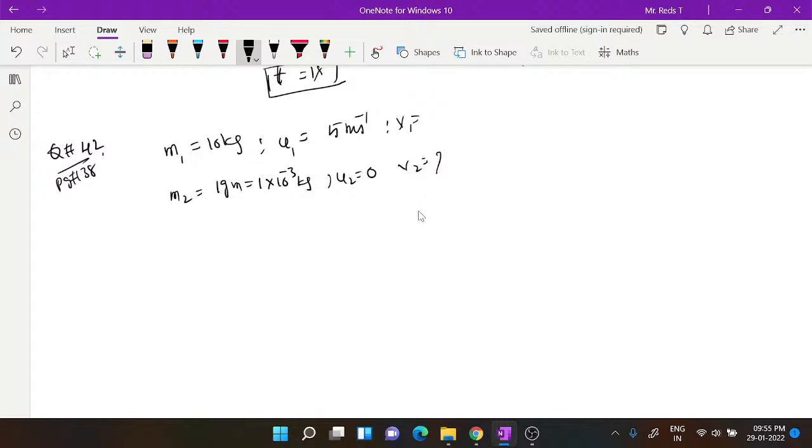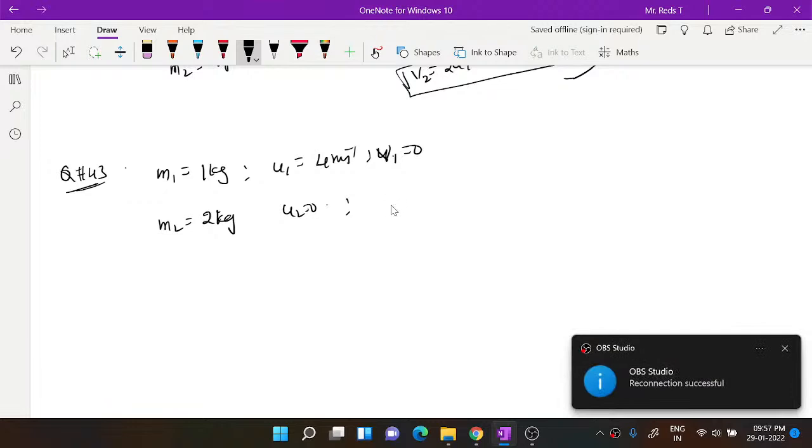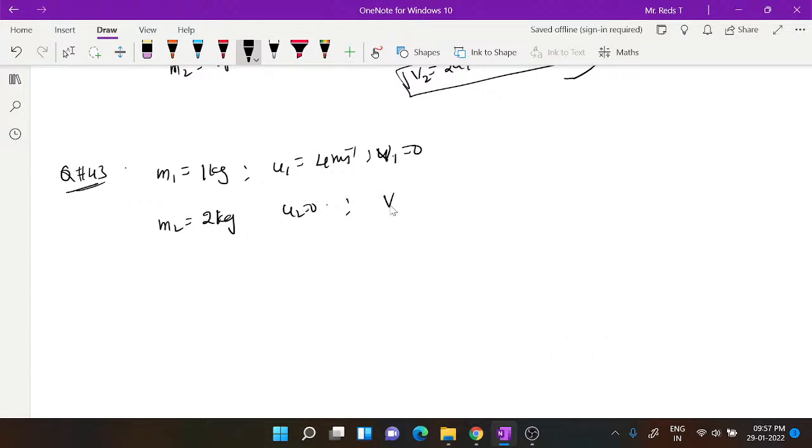Obviously, even without calculation, you can remember this. There is a 10 kg block and a 1 gram object. This is m1, this is m2, moving with velocity u1. The loss of kinetic energy of the system is this. This also we have discussed in the previous session, guys. It means you have to find out v2, then find the loss of kinetic energy.